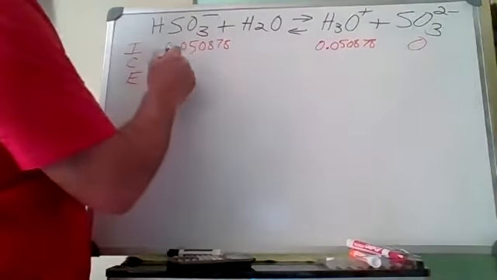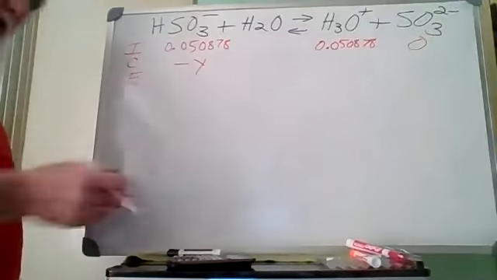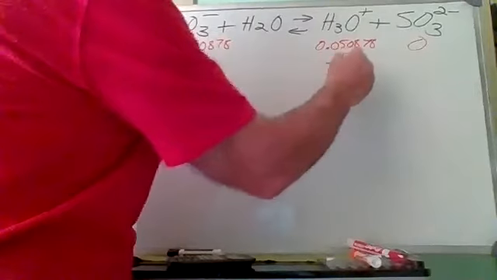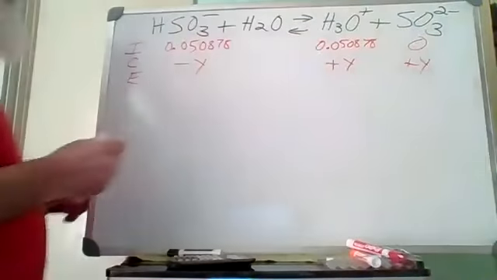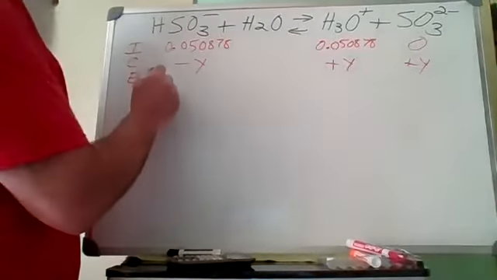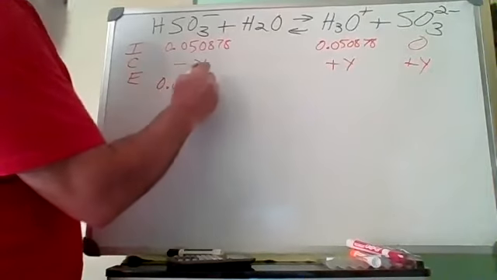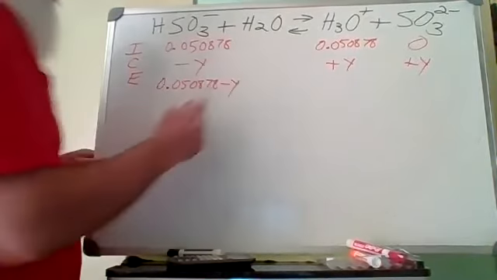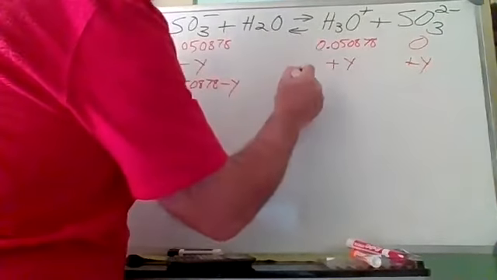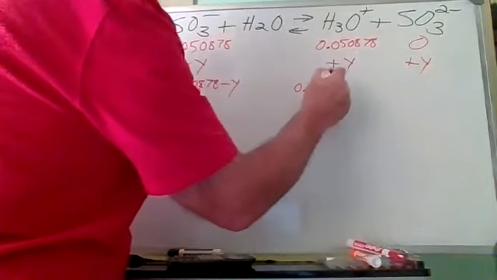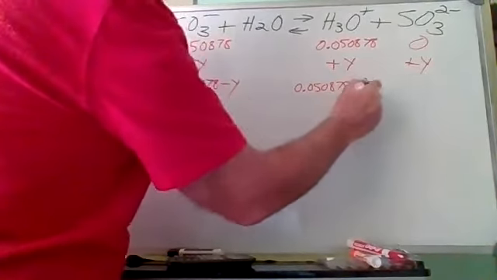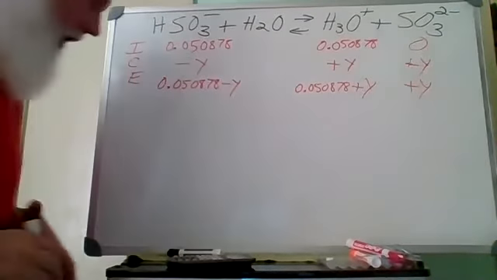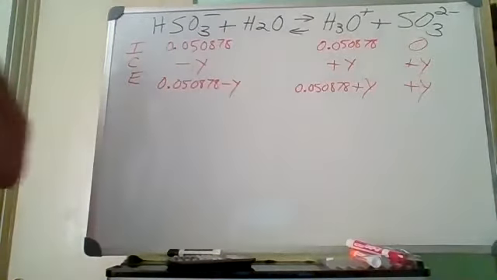So what's the change? We're going to call this minus Y. We'll use X for this Ka1 and Y for the second dissociation. This will be plus Y, this will be plus Y. So what's the equilibrium? 0.050878 minus Y. This will be 0.050878 plus Y, and this will be plus Y. I certainly have gone out too many digits here, but that's okay.